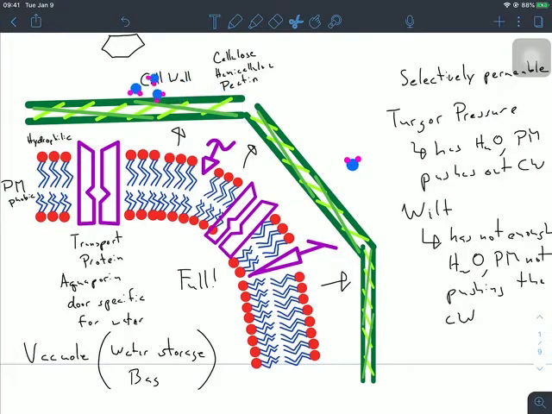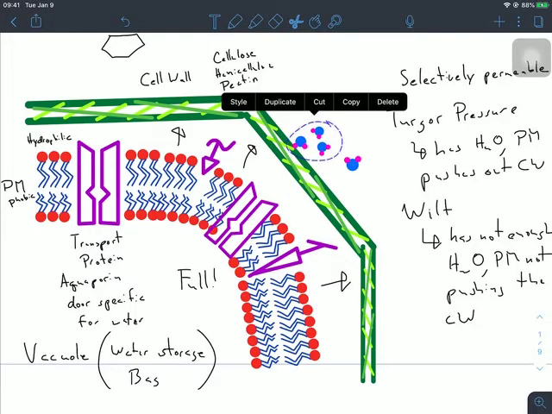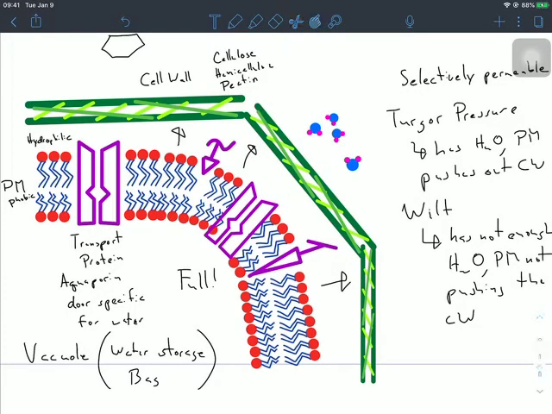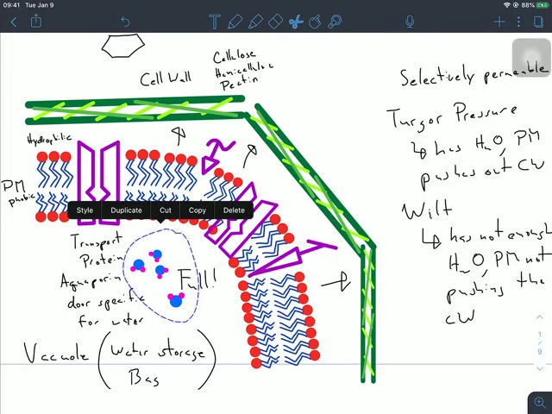If water is in high concentration surrounding the cell wall and in lower concentration inside of the cell proper, well then that is going to drive water from the outside through our aquaporins inside of the cell. And when water is rushing inside of the cell, this causes turgor pressure.